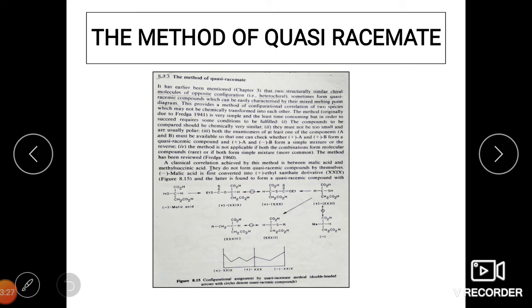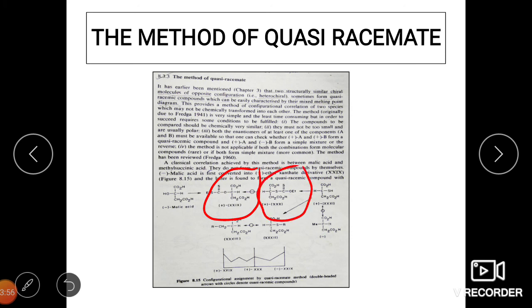Now here one example has been taken. A classical correlation achieved by this method is between malic acid and methyl succinic acid. First of all, malic acid and methyl succinic acid do not form quasi-racemic compounds themselves. So that's the reason why malic acid is first converted to ethyl xanthate, that is this structure. Now the ethyl xanthate forms a quasi-racemate with this molecule.